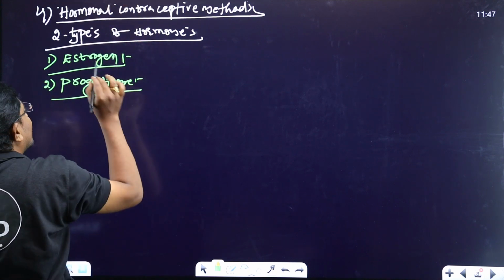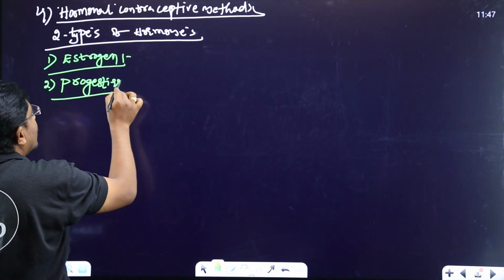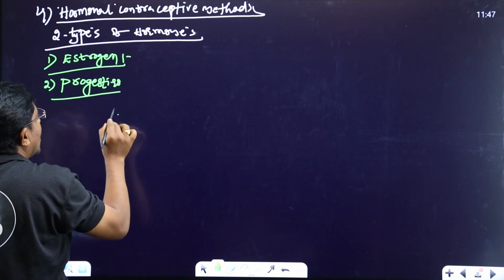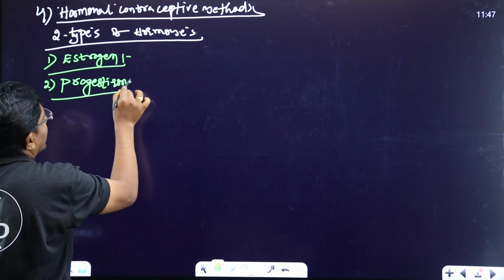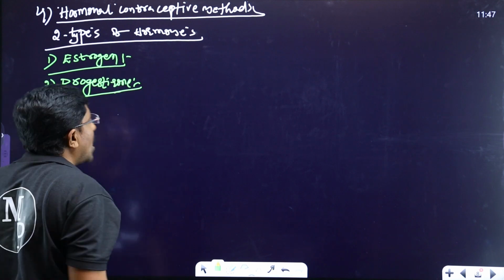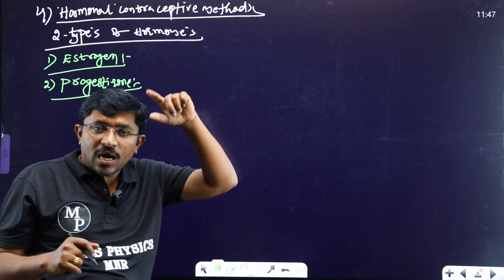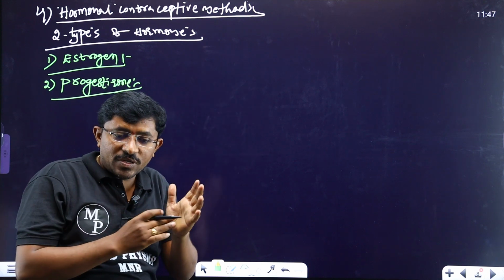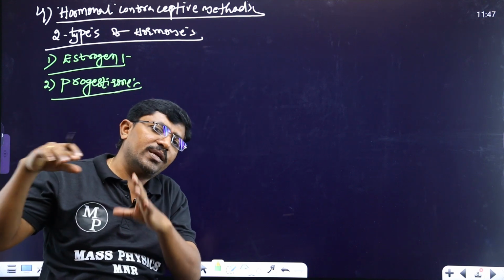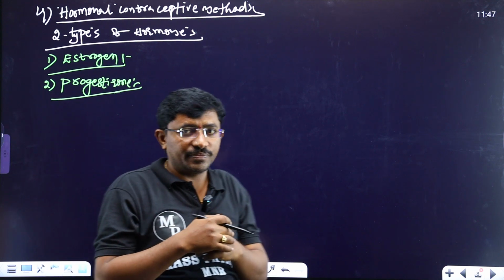See, whenever progesterone and estrogen hormones are present in low level, the FSH and LH hormones are released as usual, which continue the menstrual cycle and ovulation. That process continues as usual.